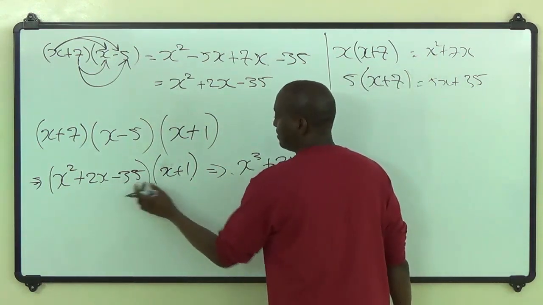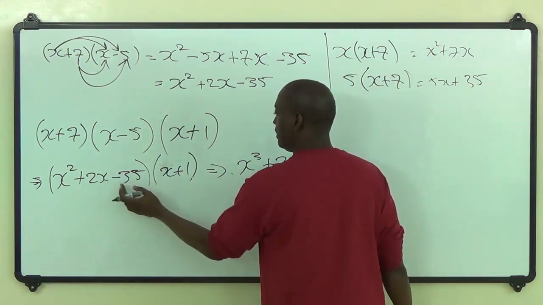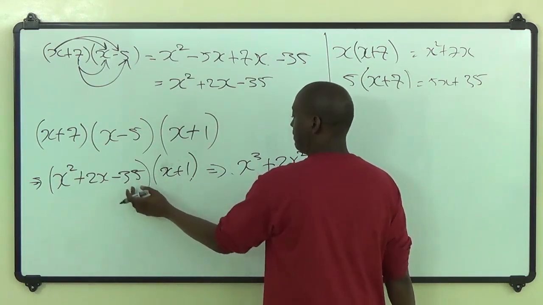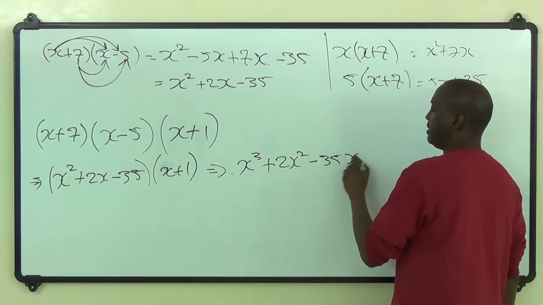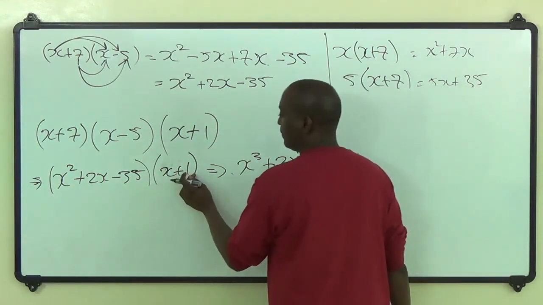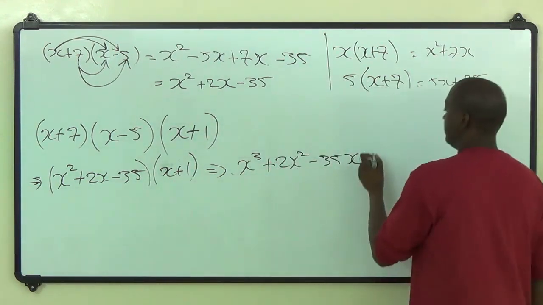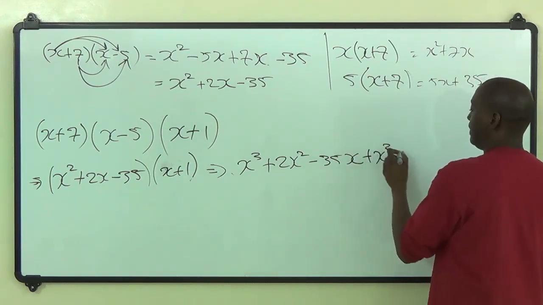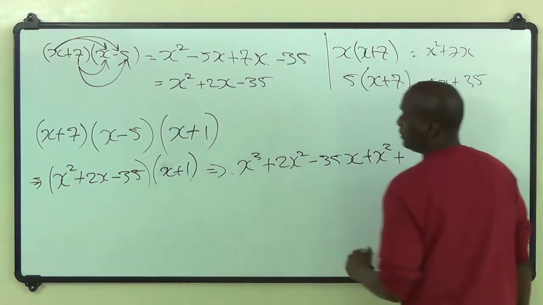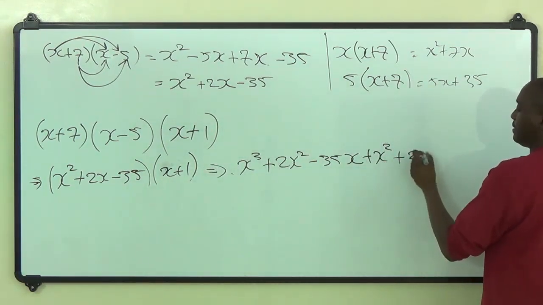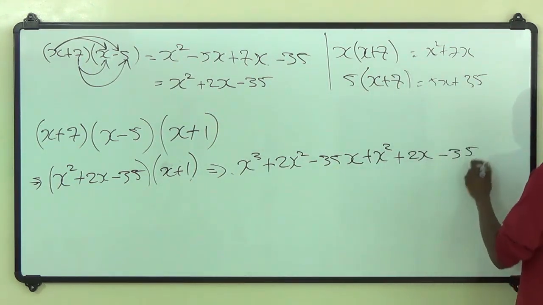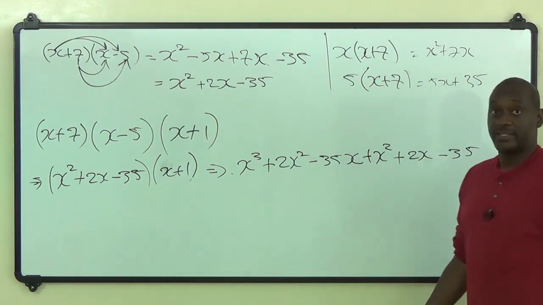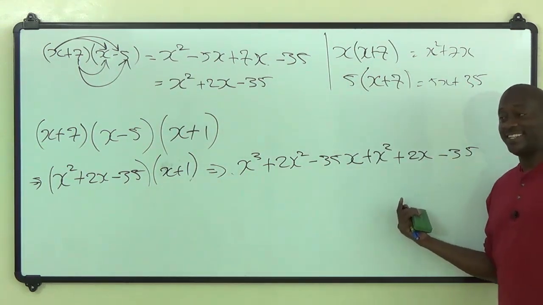You take the minus 35 and then multiply by x, you get minus 35x. And do the same thing with the 1. x squared by 1 is x squared. 2x by 1 is plus 2x. And minus 35 by 1 is minus 35. So you see what's starting to happen here already, right?